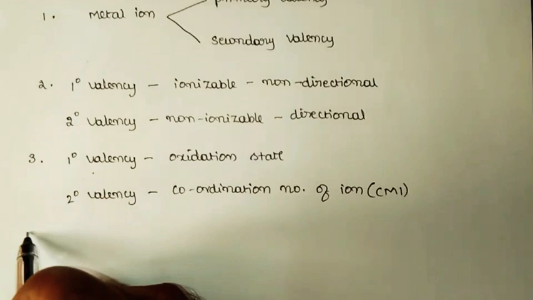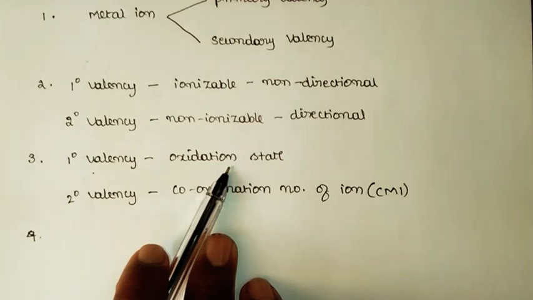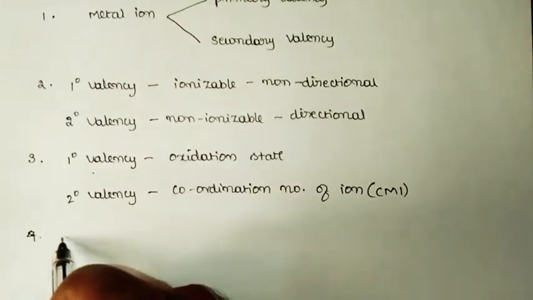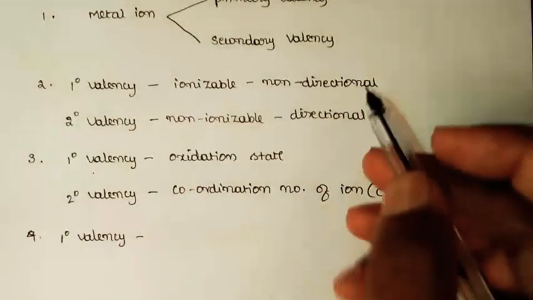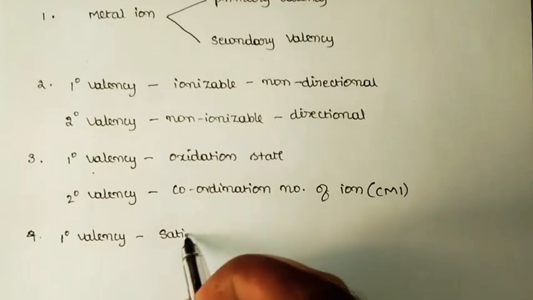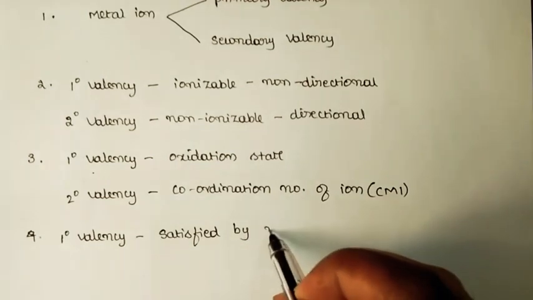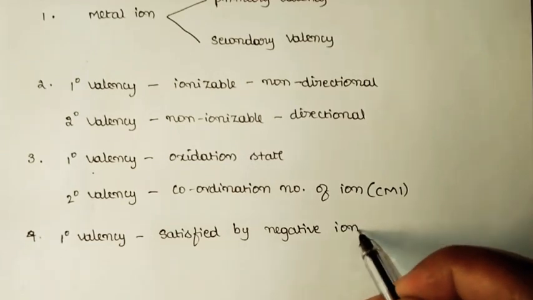And we know that primary valency is in correspondence with oxidation state, meaning a metal ion possesses a positive oxidation state. So by considering this concept, Werner said that the primary valency of the central metal ion will always be satisfied by negatively charged ions.